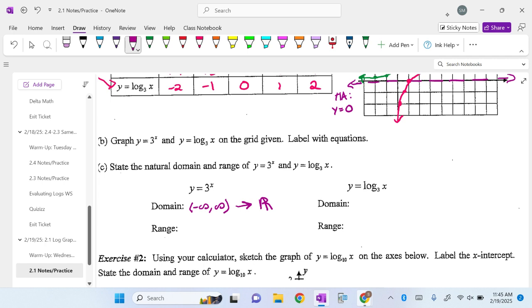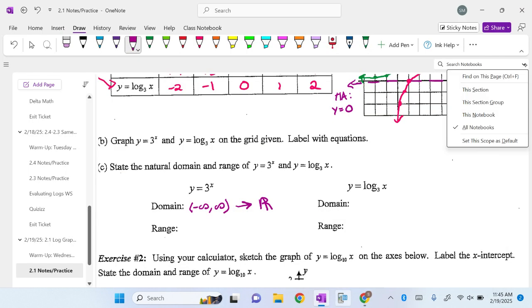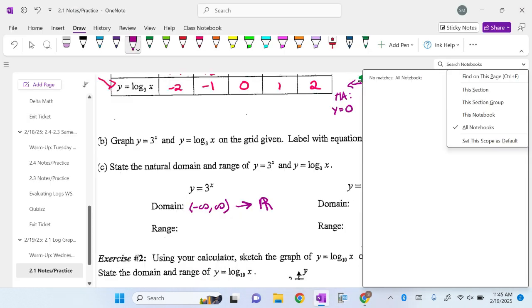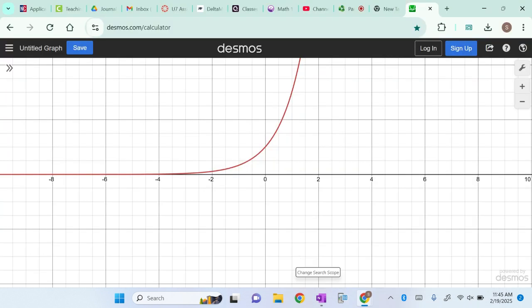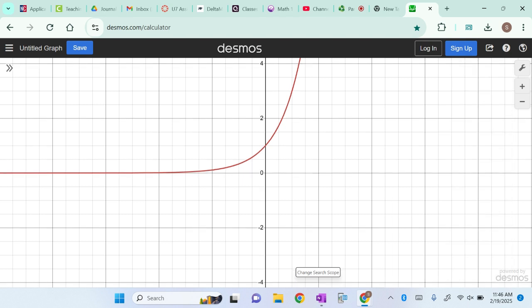All right, now your range. I'm going to hit the wrench key. I'm going to turn the y-axis back on, but turn the x-axis off. So from looking at this graph, where do you think my lowest y value is? 0.